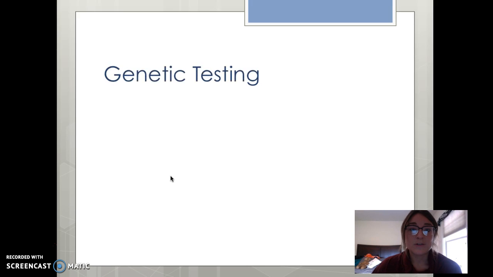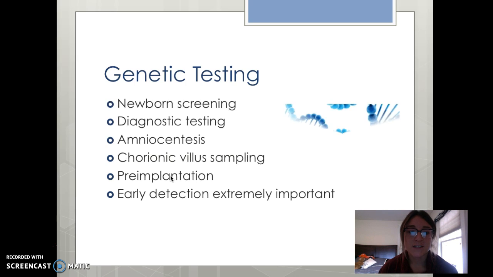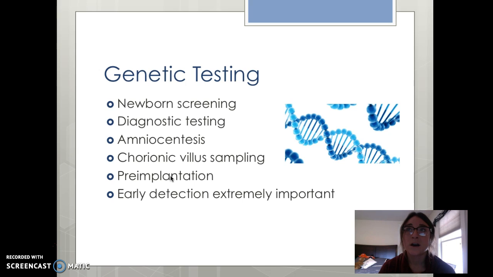So next we're going to talk about genetic testing for sickle cell disease. There are a few different tests that we can do. First off, there is an option for newborn screening. Beginning in 1990, infants born in U.S. hospitals had to be tested for sickle cell disease, and still today there is routine testing in more than 40 states.